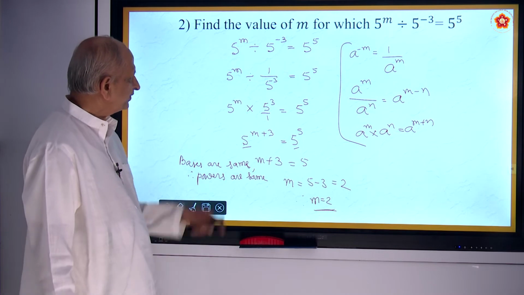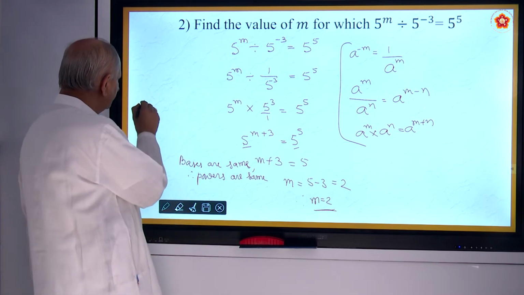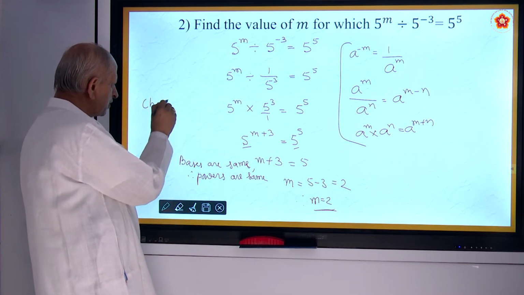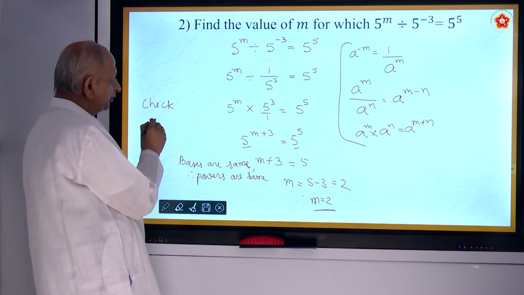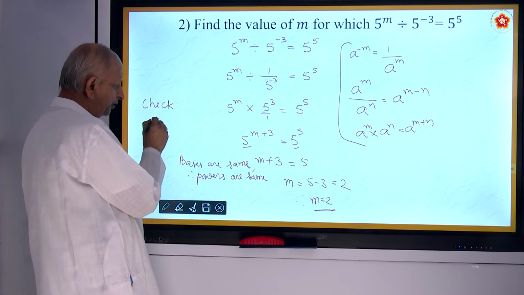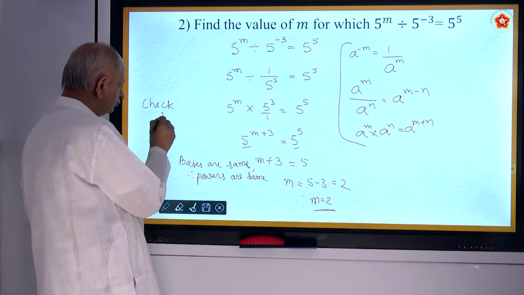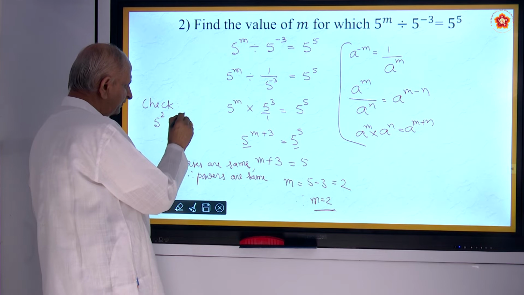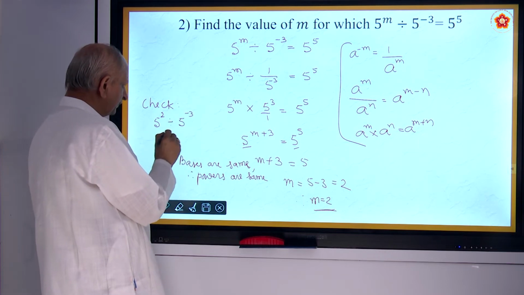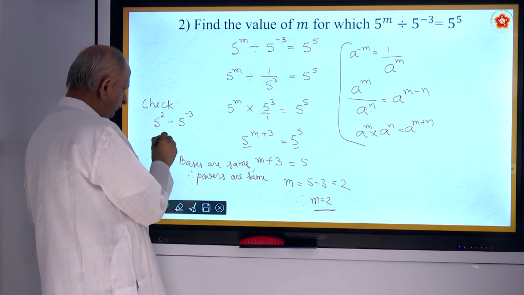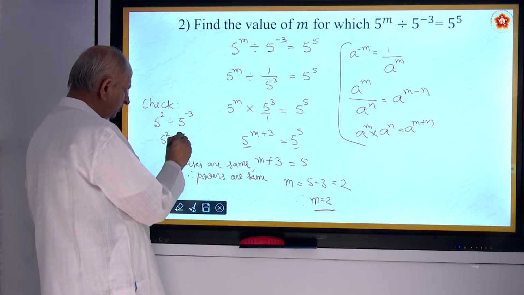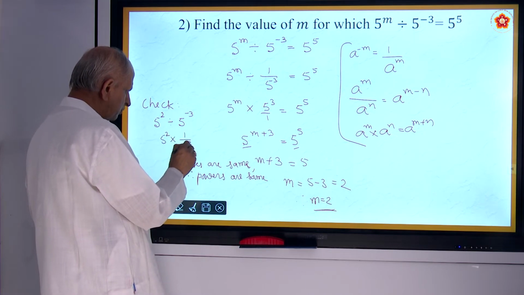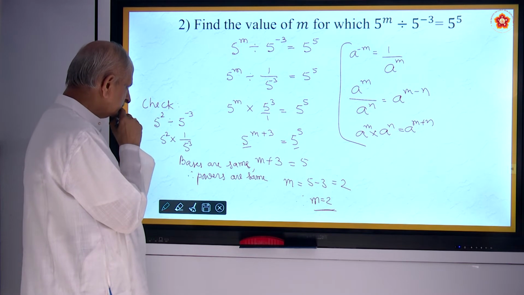Correct? Let us check if you want. So checking also you can do. How to do it? 5 to the power of m is 2 divided by 5 to the power of minus 3. So that is 5 to the power of 2 into it comes 1 by 5 cube. Correct?